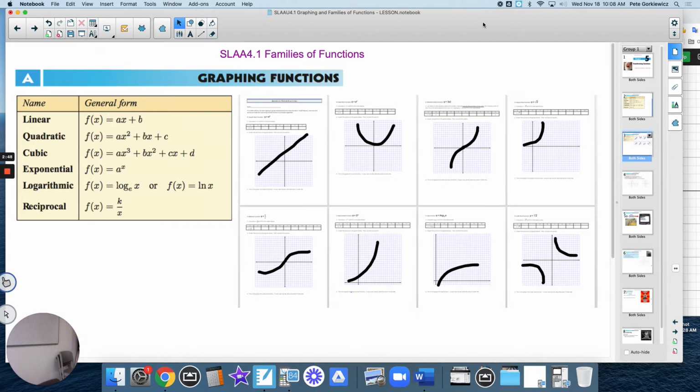Okay, so these are just a handful of different functions that we use a lot in this course. There are other functions too. There's the logistic function. It starts kind of flat, pops up, and then tapers off again. Things like population growth do that, right?